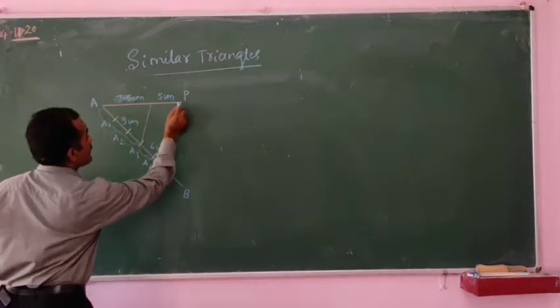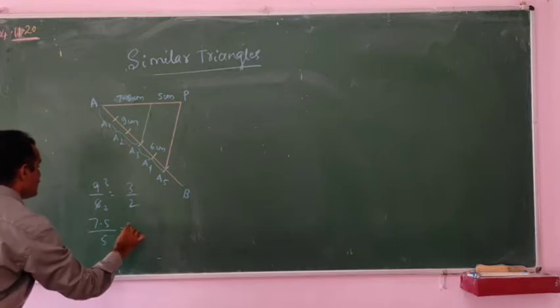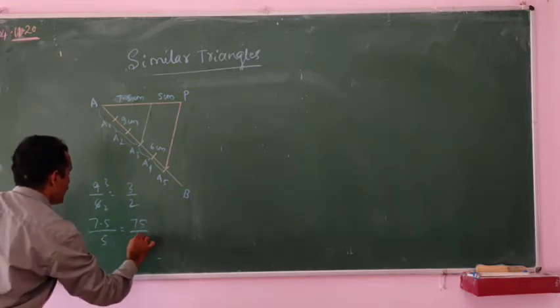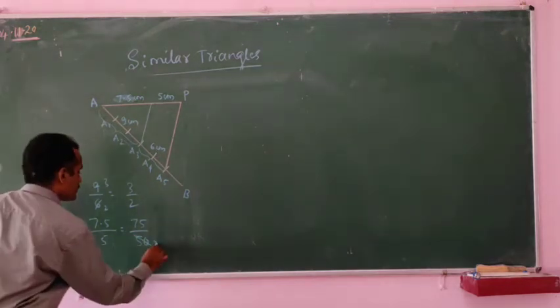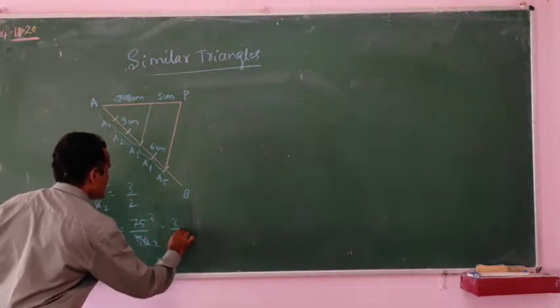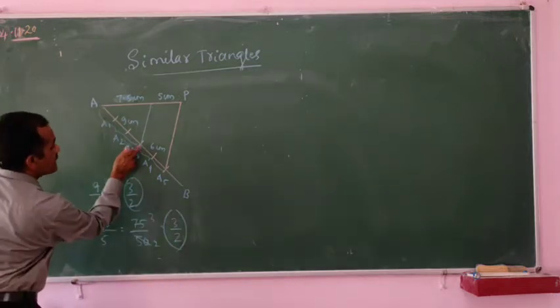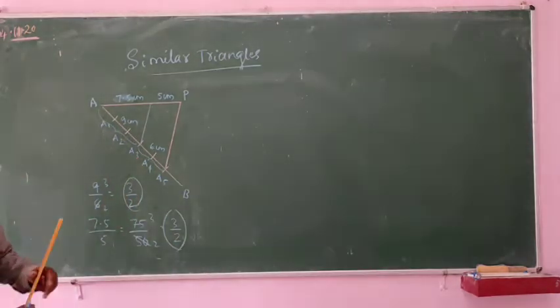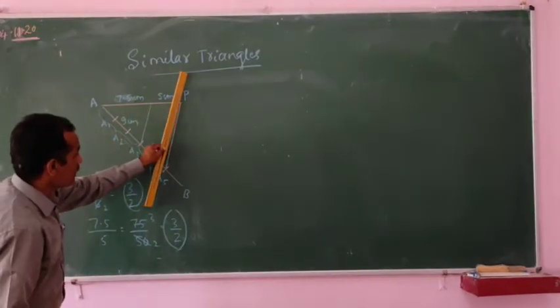And if you divide these two, 7.5 divided by 5, nothing but 75 divided by 50, this is also 3 by 2. That means I can say the sides are proportional when the lines are parallel.